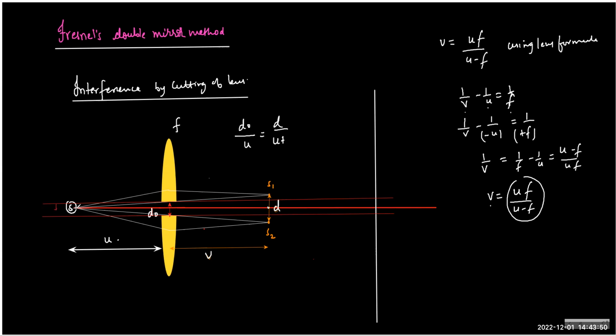So this will form an image like this, and this will form an image like this. But I'm showing it as one single image. That's why I'm using the formula directly. This is easy to derive.